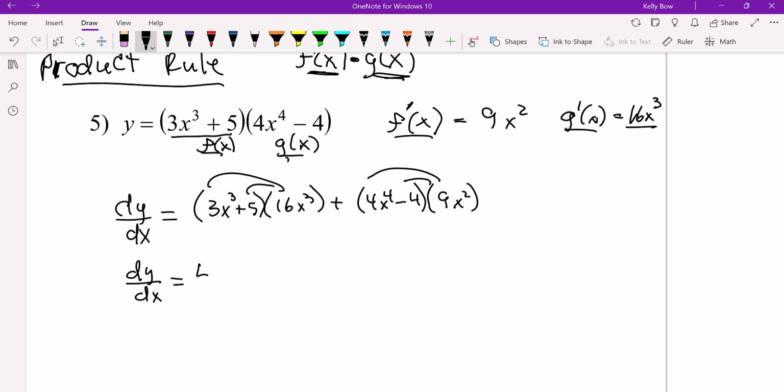So we've got 48x. When you multiply powers, you add the exponents. So 48x to the 6th plus 80x cubed. Over here, 4x to the fourth times 9x squared is 36x to the sixth minus 36x squared.